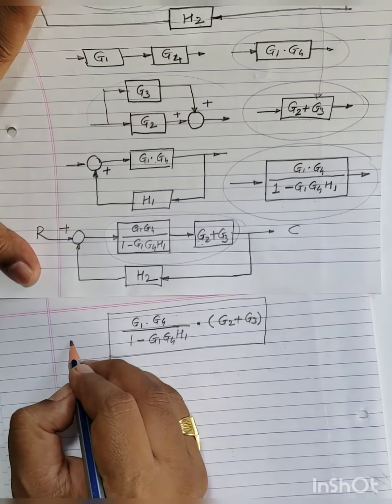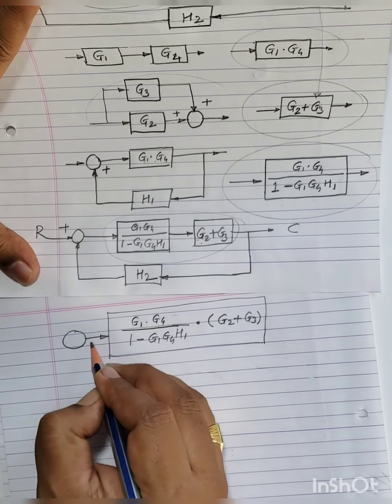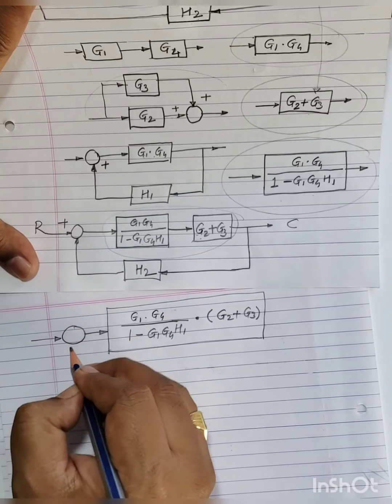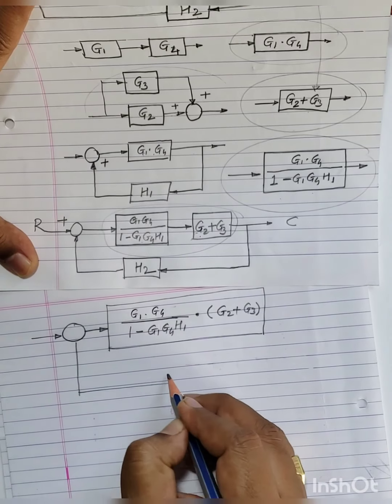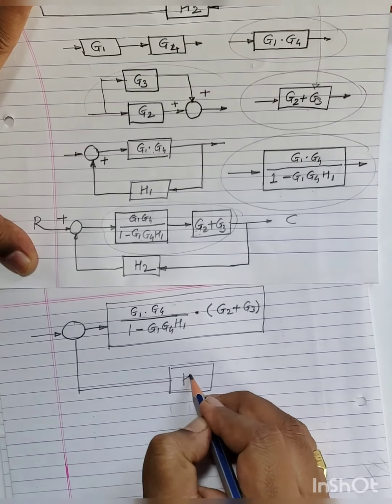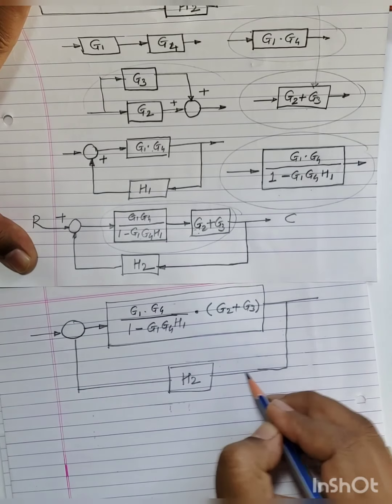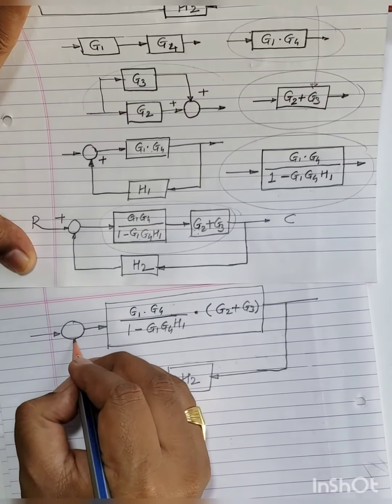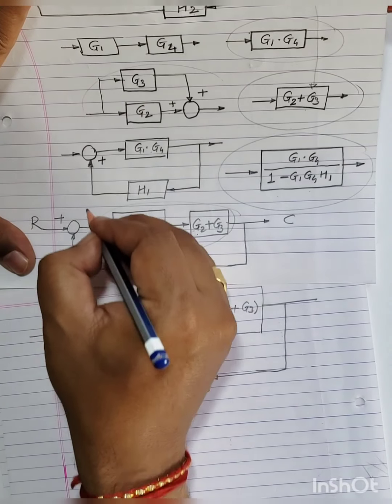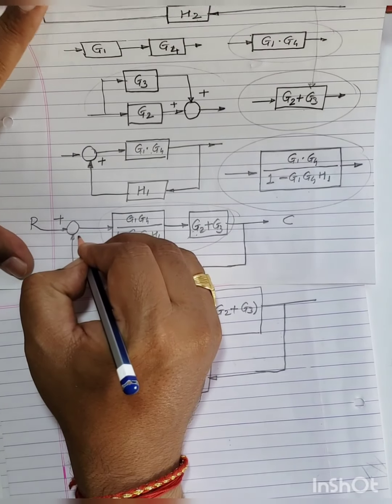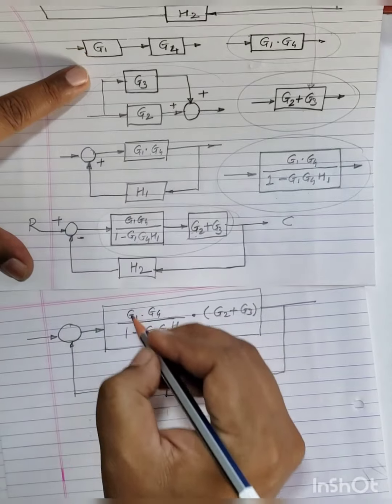I will draw the summation point as it is. This is a closed loop H2. Right. Now the sign is again minus here, right?